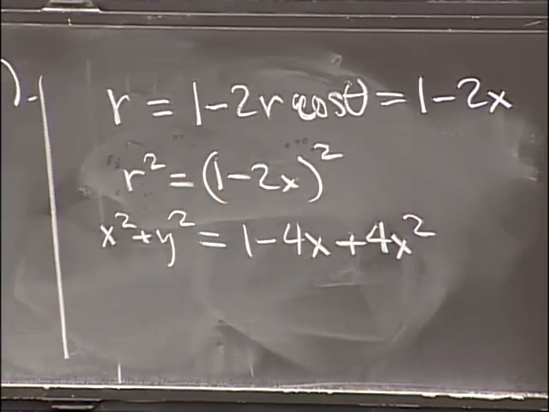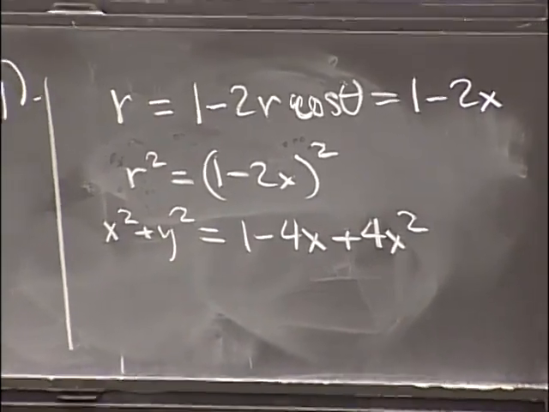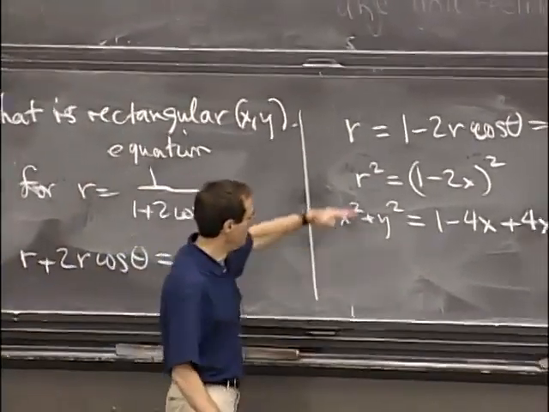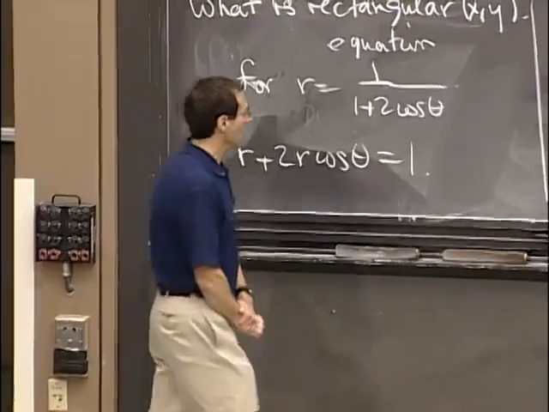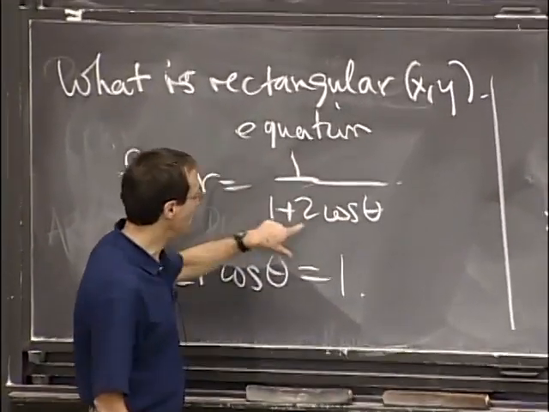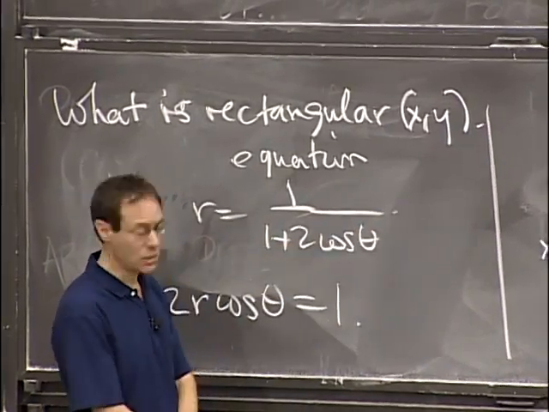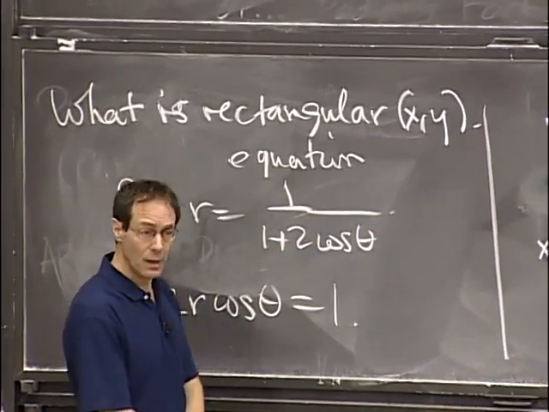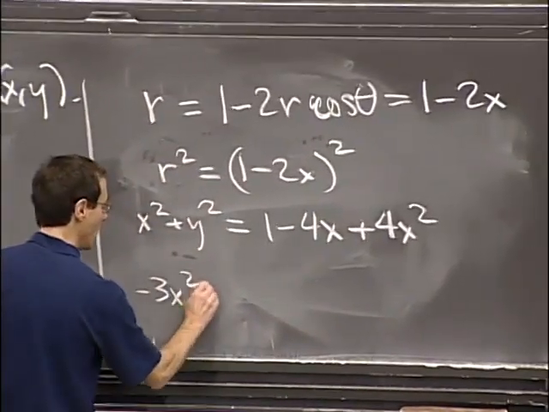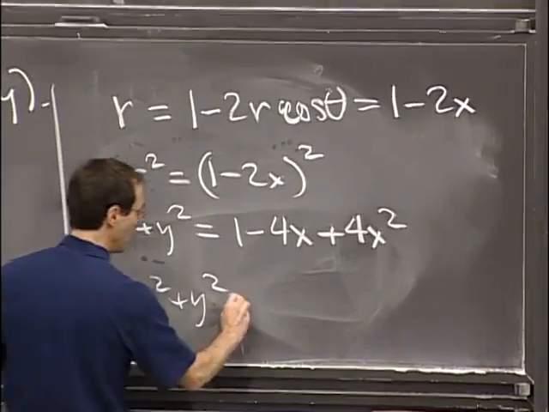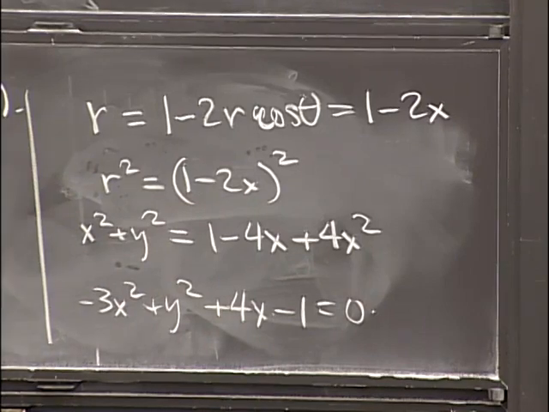All right? So this is a standard thing to do. It's basically what you're going to do any time you're faced with an equation like this: try to work it out. In these situations, where you have 1 over a plus b cosine theta or sine theta, you'll always come out with some quadratic expression like this. Now I'm going to combine terms. So here I have minus 3x squared plus y squared, and put everything on the left side. So that's this.